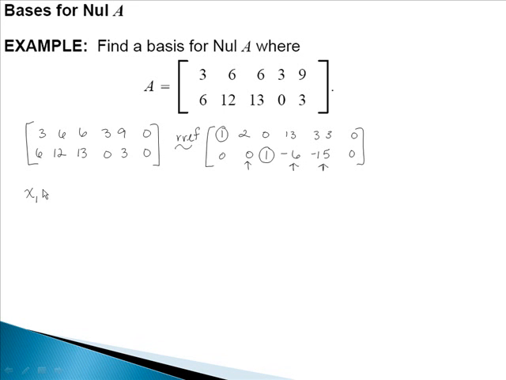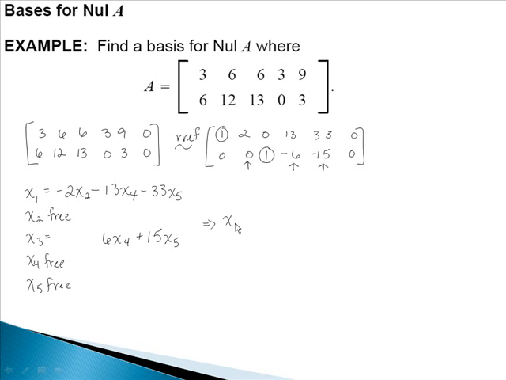So we have then that x1 is equal to -2x2 minus 13x4 minus 33x5. x2 is free. x3 is equal to 6x4 plus 15x5. x4 is free, and x5 is free.